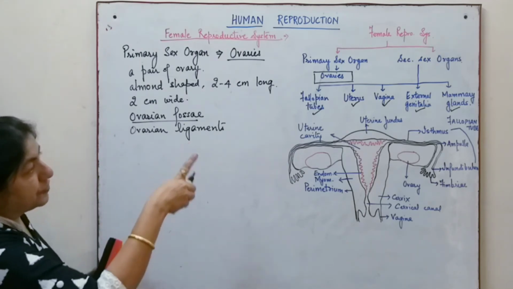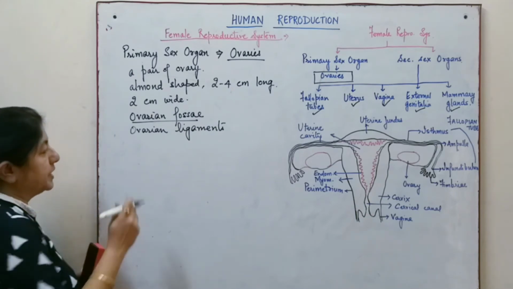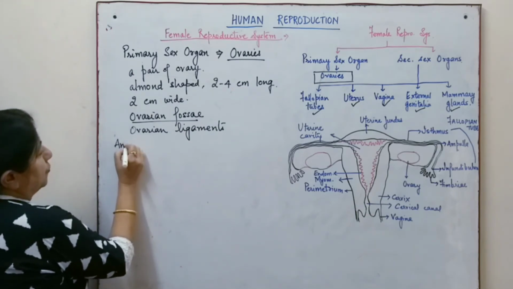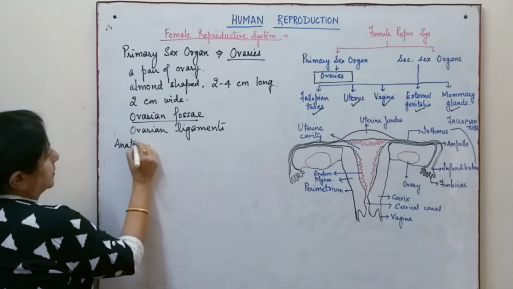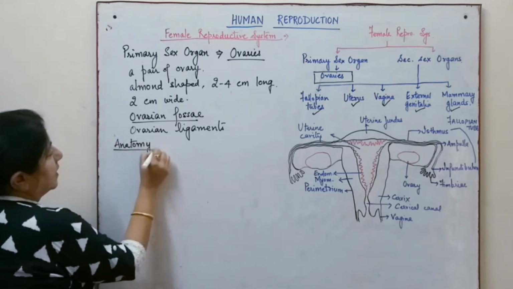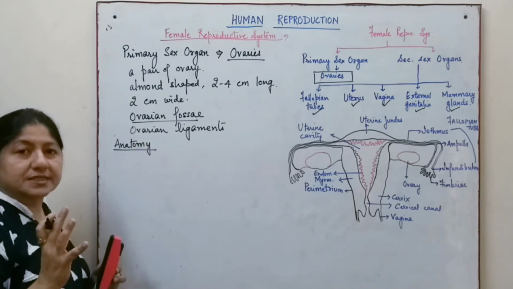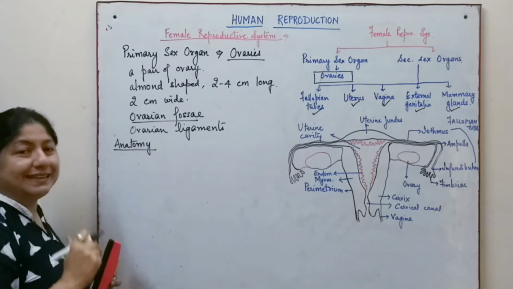When we talk of the structure of the ovary, the anatomy of the ovary, each ovary is surrounded by a thin layer.